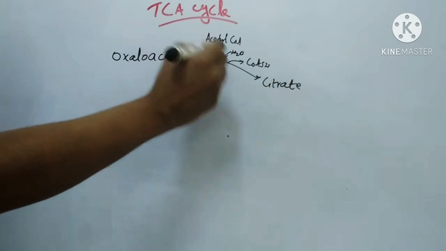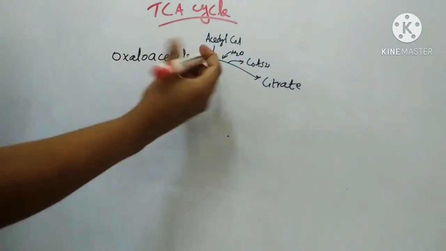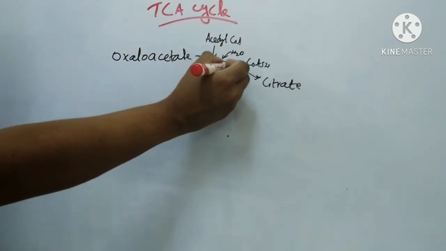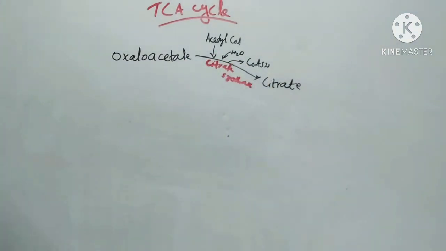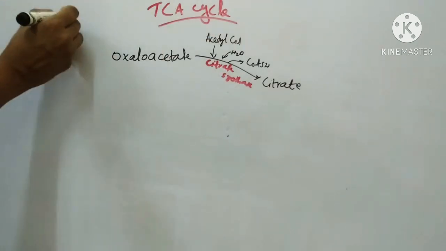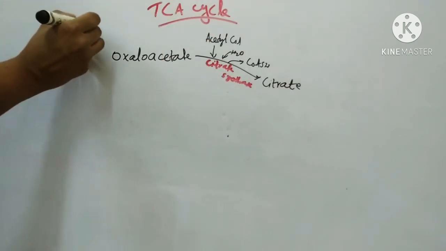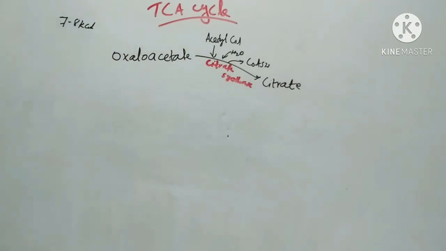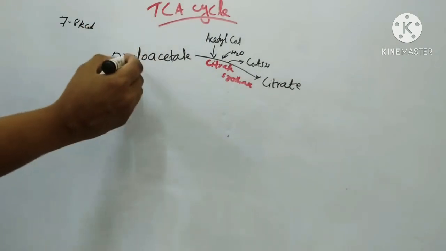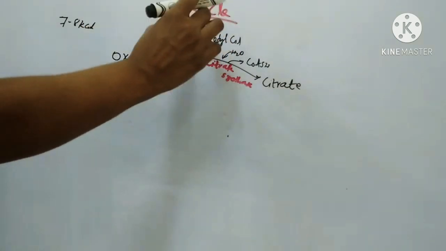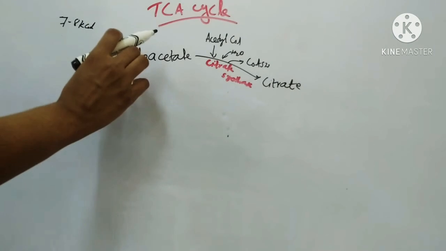The enzyme is citrate synthase. It is an irreversible, exergonic reaction that gives out 7.8 kilocalories. The acetyl group of acetyl-CoA is transferred to oxaloacetate.